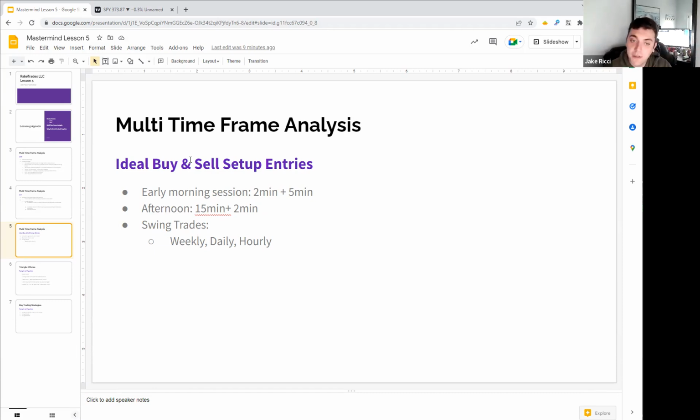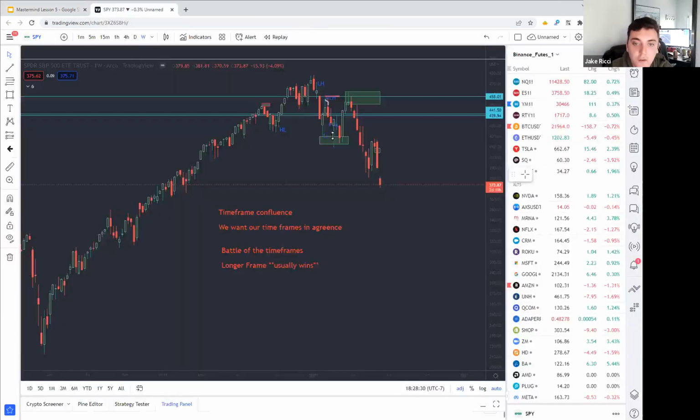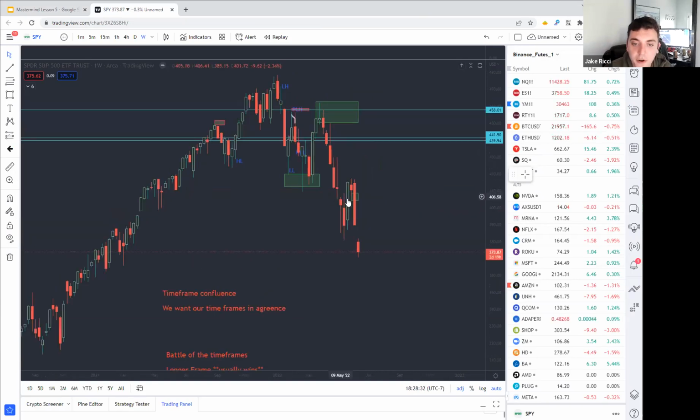However, in terms of our larger theses as to what's happening, we are still going to be using those buy and sell setups just on the longer frames, right? So again, this is where these time frames are going to come in and start working with each other in conjunction. For example, on this SPY chart, it should be very clear to everybody this is a very clean weekly sell setup trigger, right?